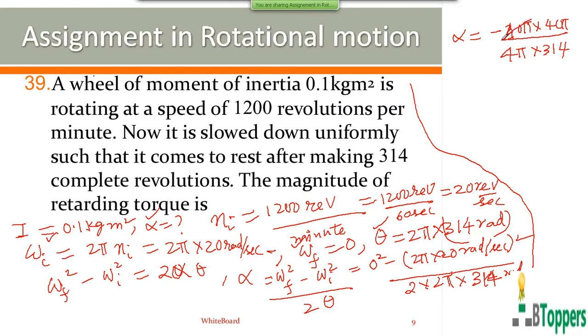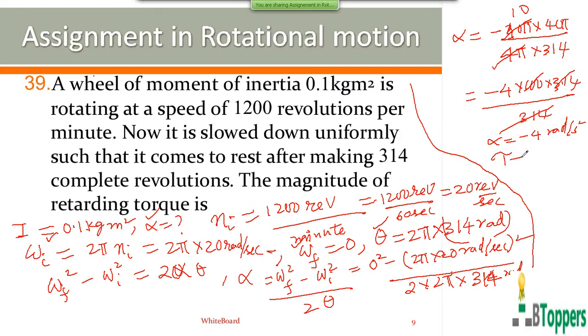This you can try to simplify. 4 into 100 pi 3.14. So you get alpha equal to minus 4 radian per second square.